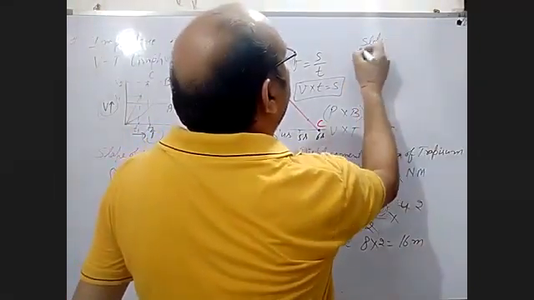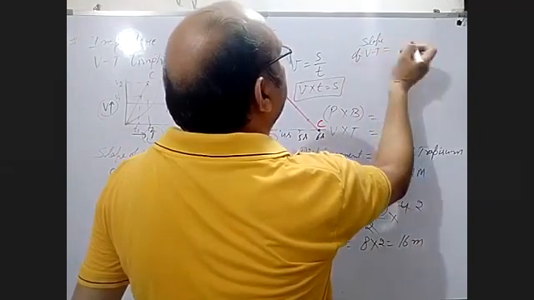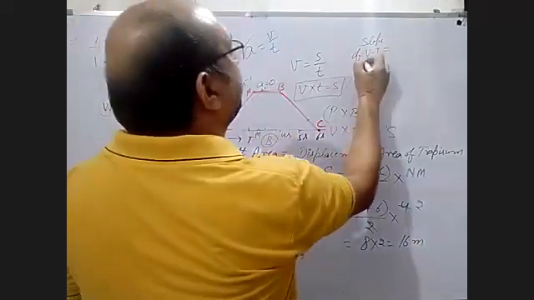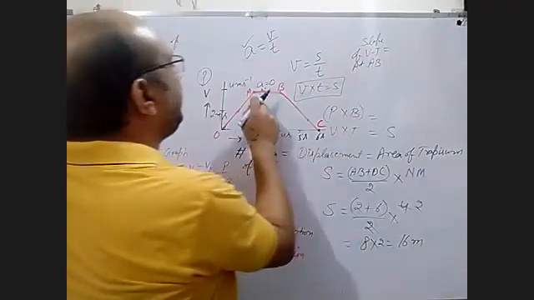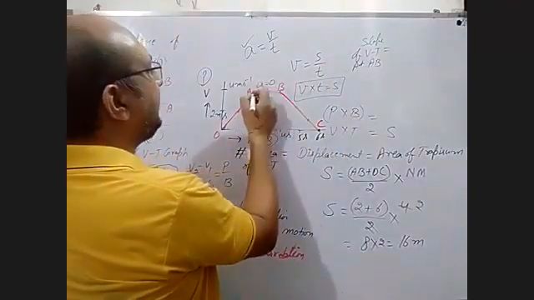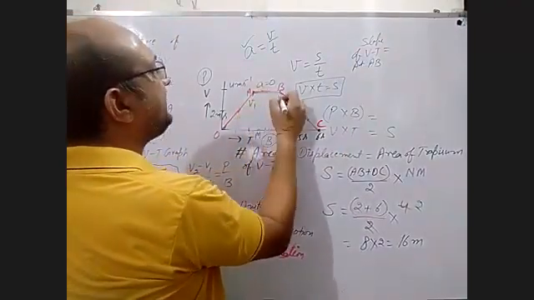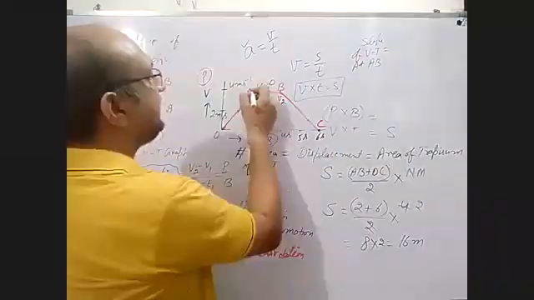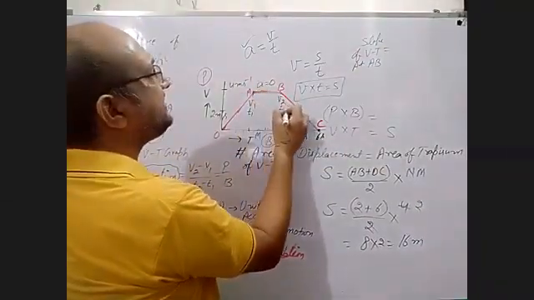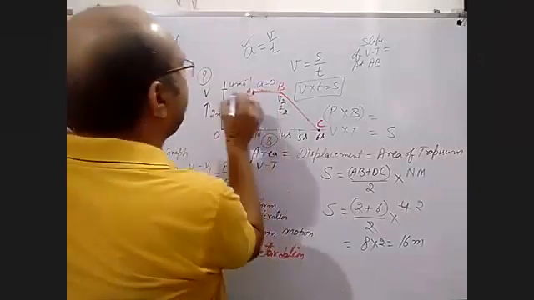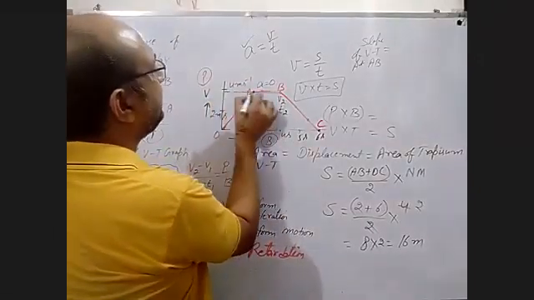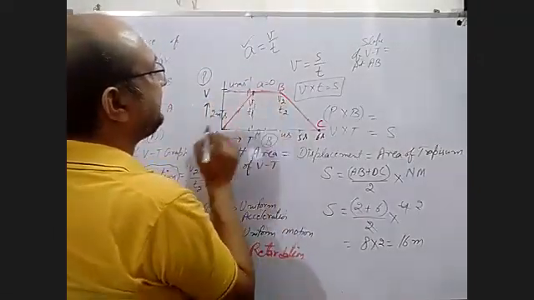Now, here the velocity is suppose V1, here the velocity is V2. Here the time is T1, here the time is T2. Take all these values by taking perpendiculars on the x-axis and y-axis.